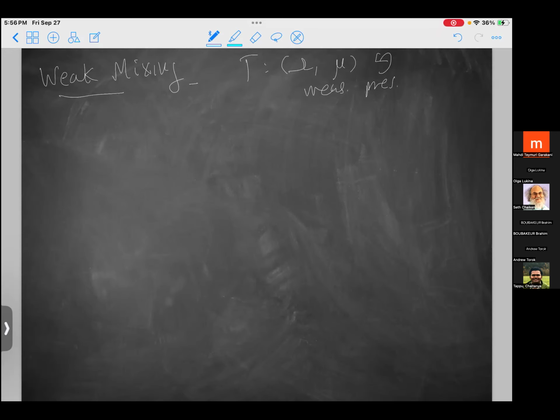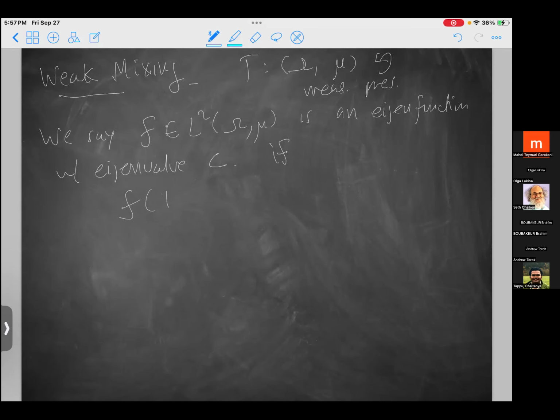We say f in L2 of Omega, mu is an eigenfunction with eigenvalue c if f of T omega is equal to e to the 2 pi i c times f of omega.